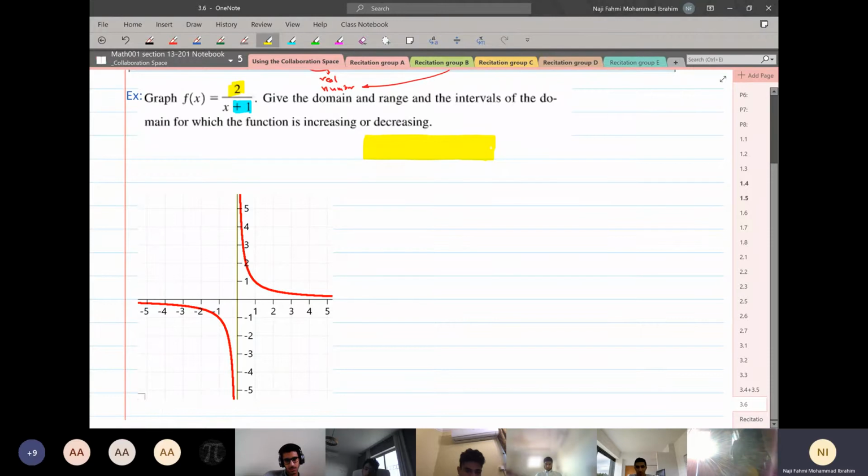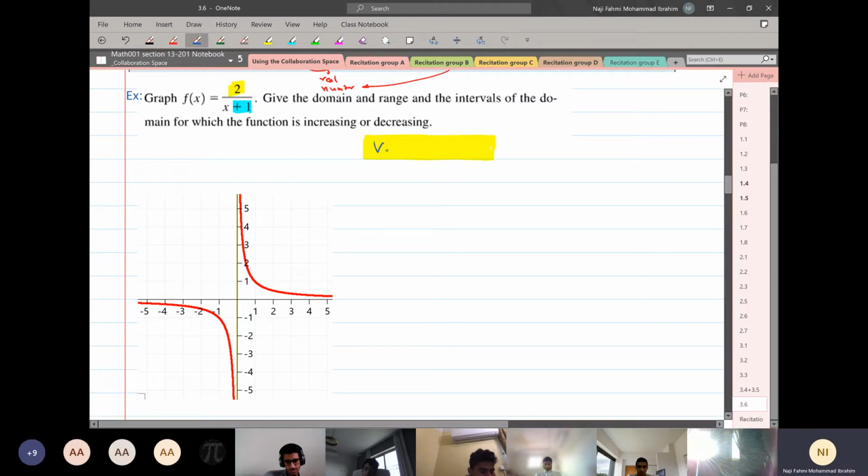Is this a stretch or a shrink or what? Y multiplied with 2. So this is a vertical stretch. And what does it mean, vertical stretch? It means I have to multiply the values of y on the curve by 2.